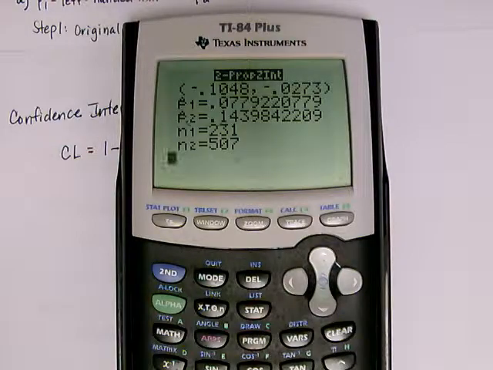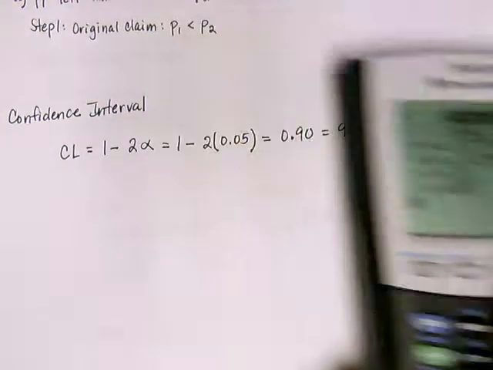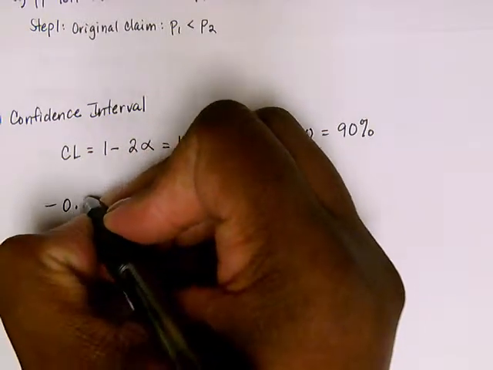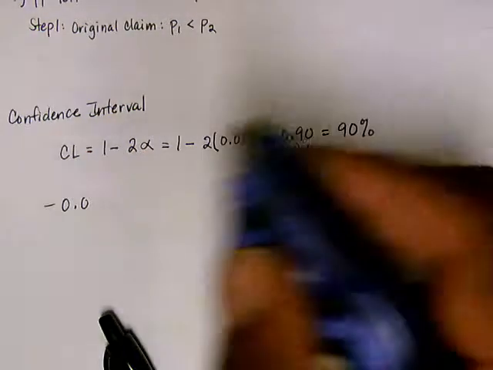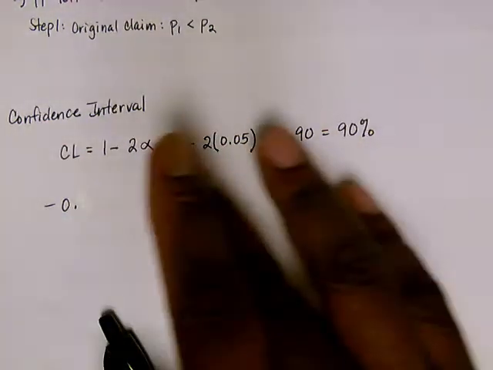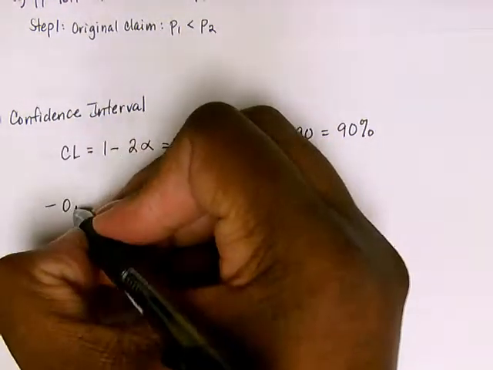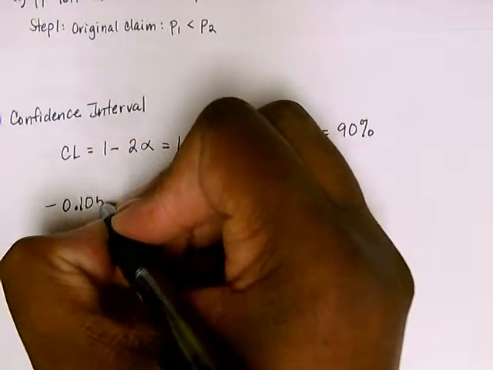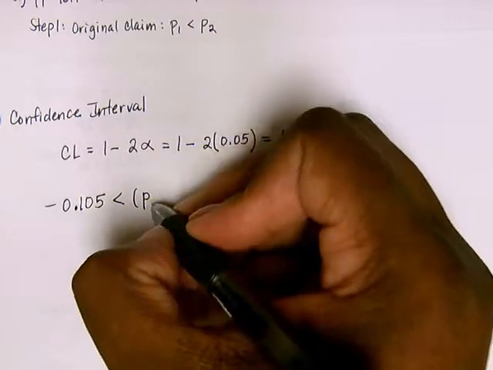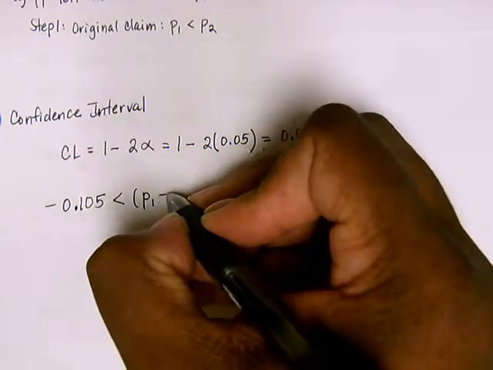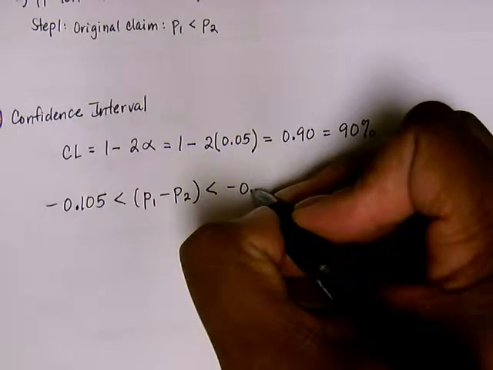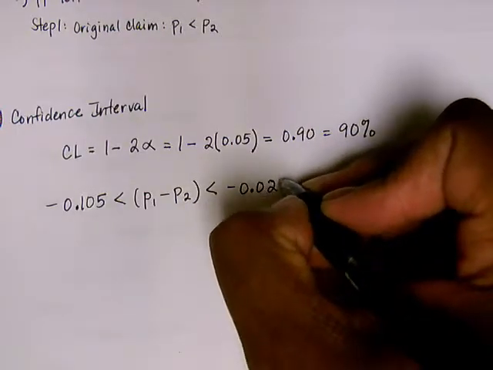Okay? So the way we write that confidence interval would be this: -0.105 is less than P1 minus P2 and less than -0.027.